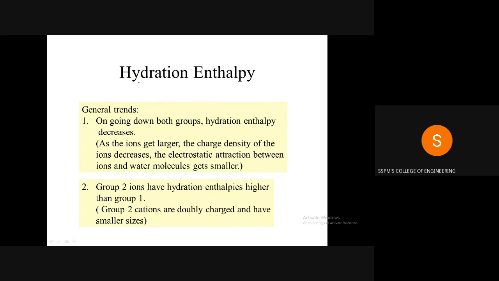So it is called hydration enthalpy. When you go down the group, hydration enthalpy decreases. Remember this characteristic: hydration enthalpy decreases down the group. For group 2, hydration enthalpy is higher than group 1.